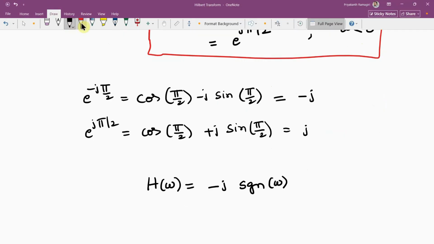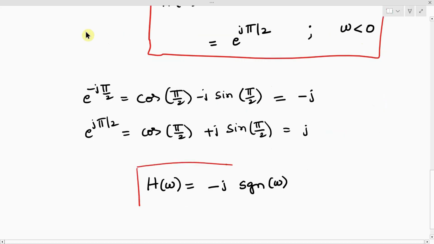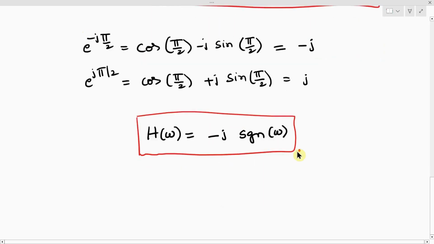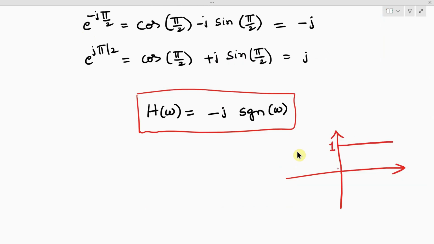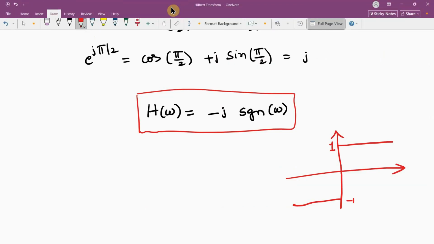Please try to understand how this is true. Anyone can explain? What is the signum function? It is 1 for positive frequencies and minus 1 for negative frequencies. Am I right?